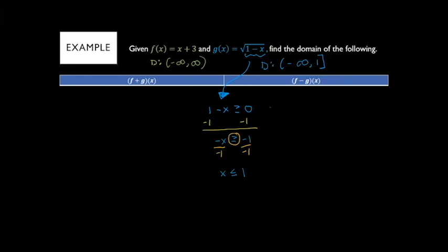Now for both f plus g of x and f minus g of x, our domain is the domain of f of x intersecting with the domain of g of x.